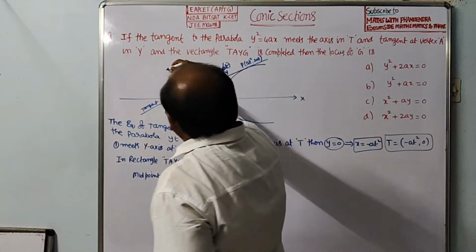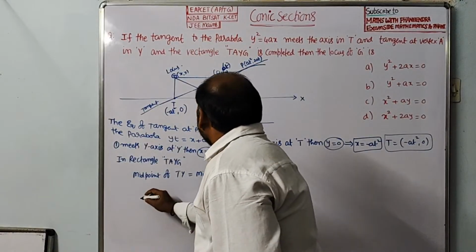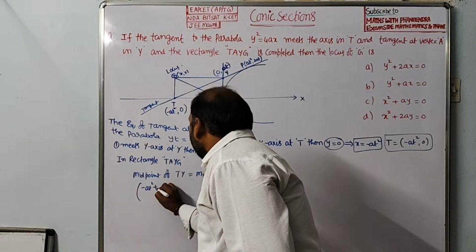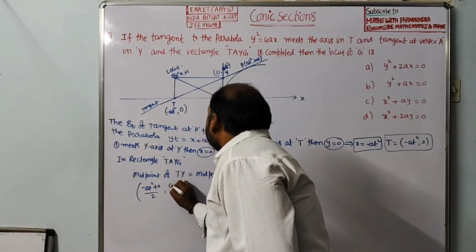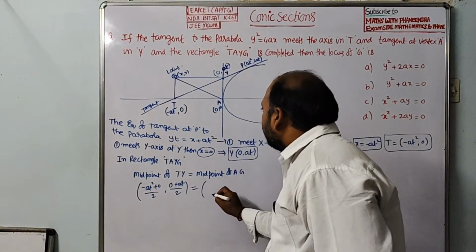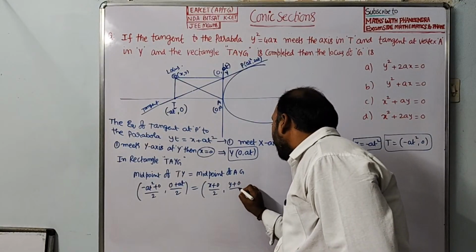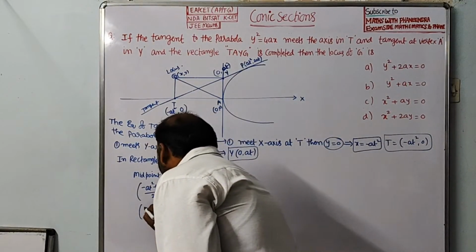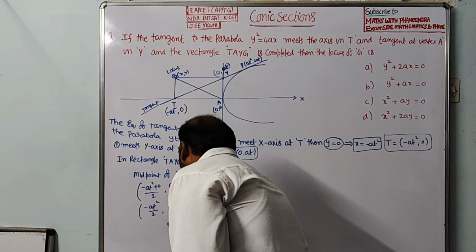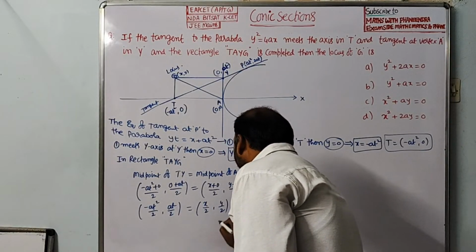So here, this is the locus point; we have to assume that. Let us consider that. So TY means midpoint: (minus at² plus 0) divided by 2, comma (0 plus at) by 2. Midpoint of AG: (x plus 0) by 2, comma (y plus 0) by 2. So here it comes minus at² divided by 2, at divided by 2 equal to x by 2, y by 2.